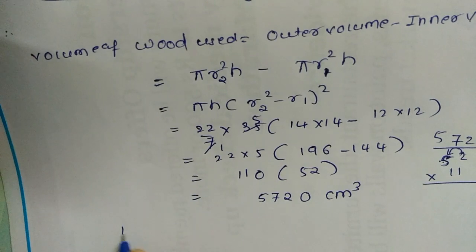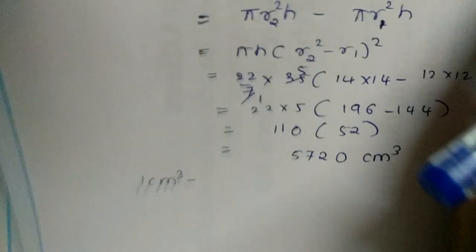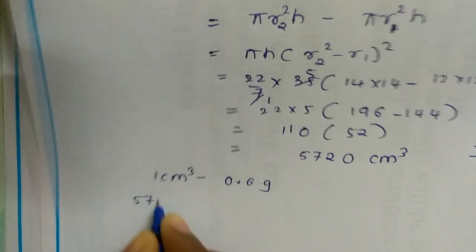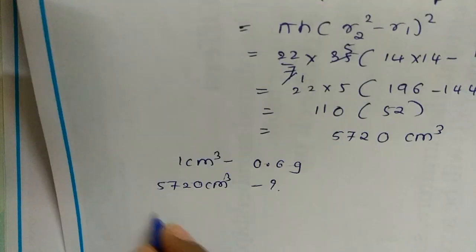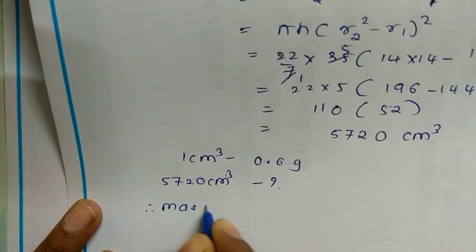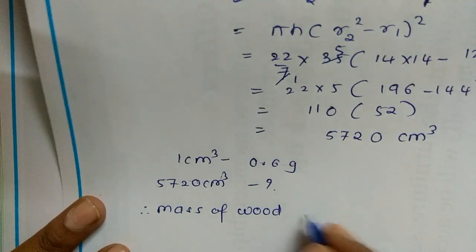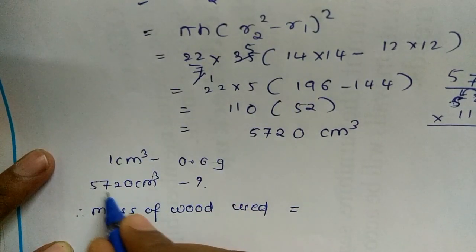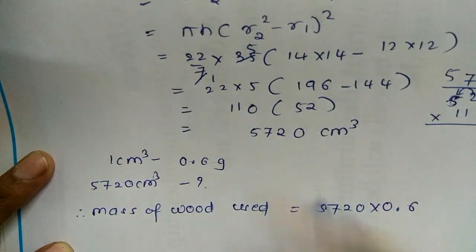1 cm cube has a mass of 0.6 gram. Then for this much volume, what is the mass? Therefore, the mass of wood used equals 5720 into 0.6, divided by 1.